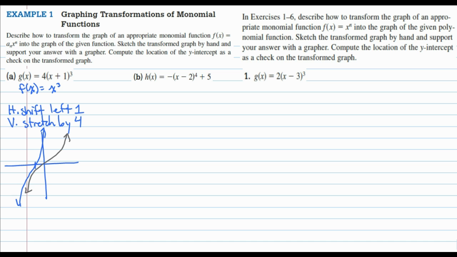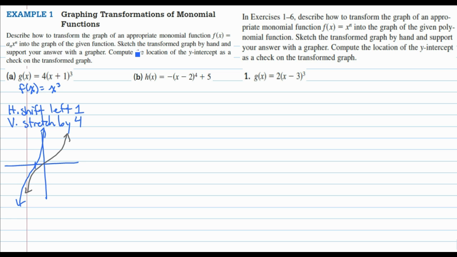Maybe something like that. Now it's just a sketch, so it doesn't have to look exactly like it was stretched by 4. It is a sketch, and you told me what transformations are taking place, so a sketch that looks close to what it should look like is fine.